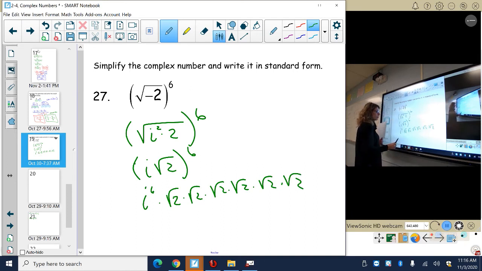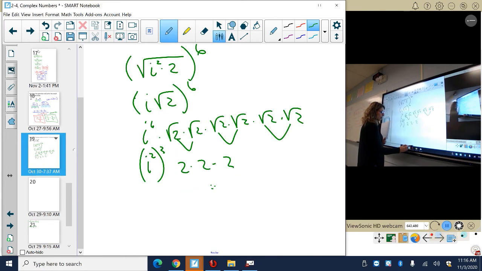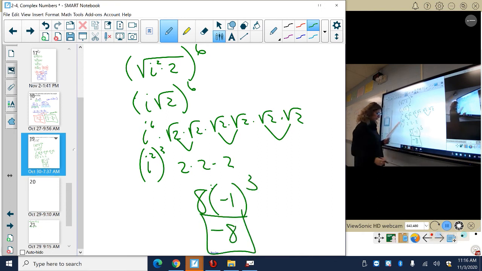Okay? Which means i to the 6th is the same thing as i squared to the 3rd power. That comes out as a 2, that comes out as a 2, and that comes out as a 2. 2 times 2 times 2 is going to be 8. That's going to be negative 1 cubed, which is negative 8. Okay? And I am done.